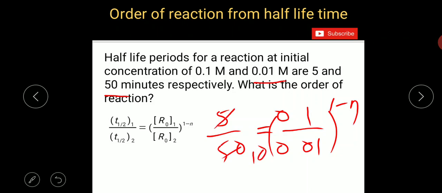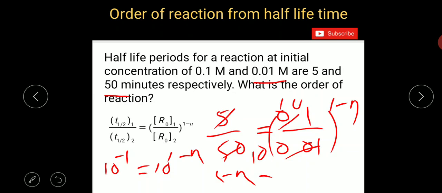This is 10 times, this is 10 times. So we got 10 power minus 1 equal to 10 power 1 minus n. So 1 minus n is equal to minus 1. Then what is n? 2. So the order of this reaction is 2.